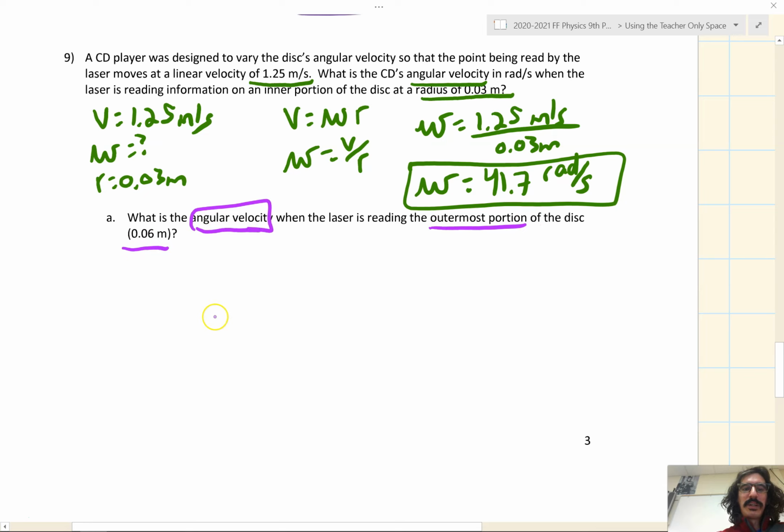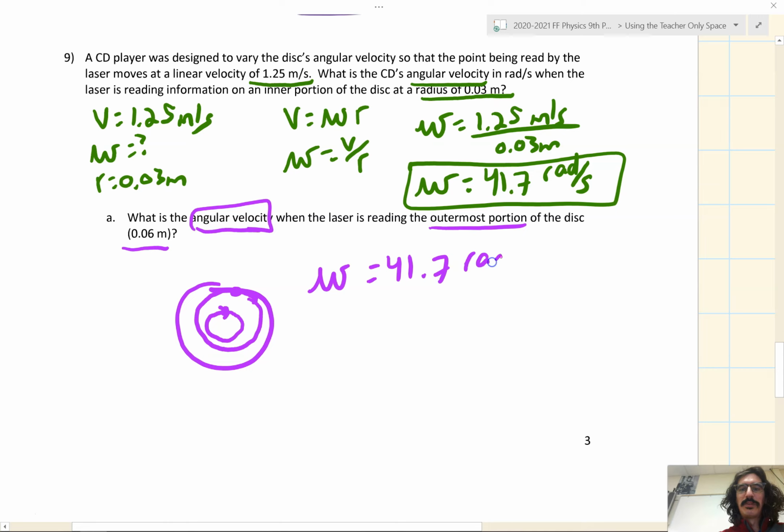Well, we know the object, if it's spinning around the disk on the innermost part and on the outermost part, they're both going to rotate 360 degrees, which means their angular velocity will be the same, because it takes the same amount of time to go from point A, from the beginning to the end, as it does on the innermost part as well as the outermost part. So omega, the angular velocity, stays the same, which is 41.7 radians per second.